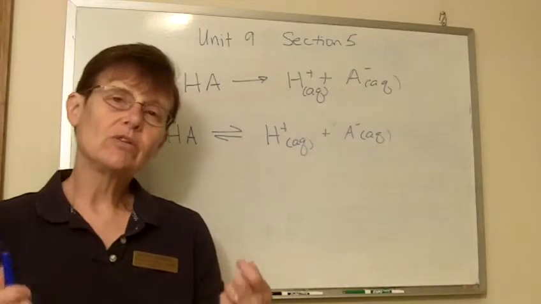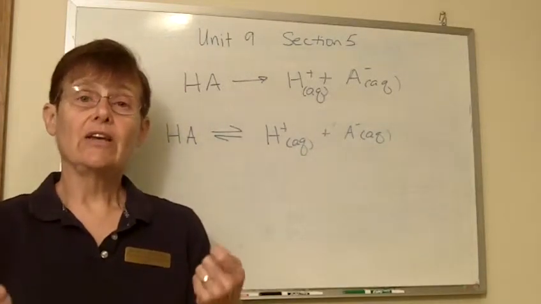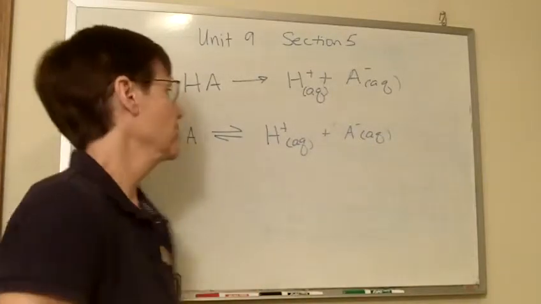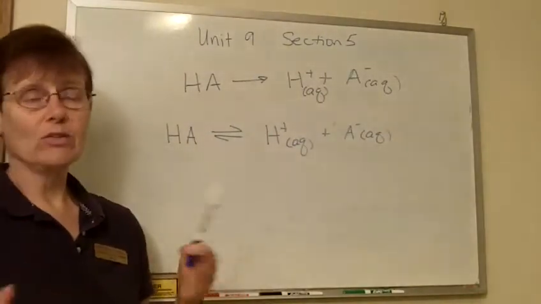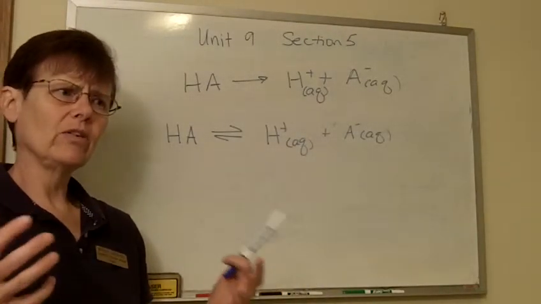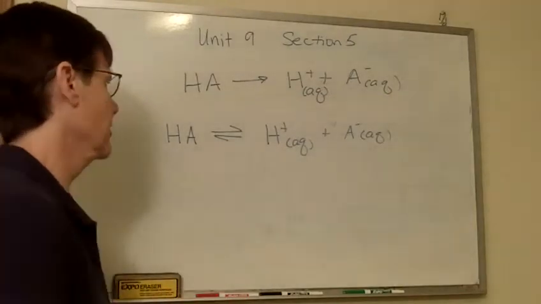But the reason I want you to do a little bit of math is so that you get an appreciation for how different a strong acid is from a weak acid. So let's look at this, and this is the kind of math that we can do because you know about percents. So it's a way that you can get a feel for the numbers without having to do math that's kind of beyond where you've gone in math class yet.